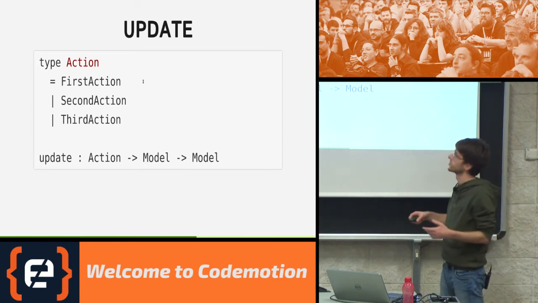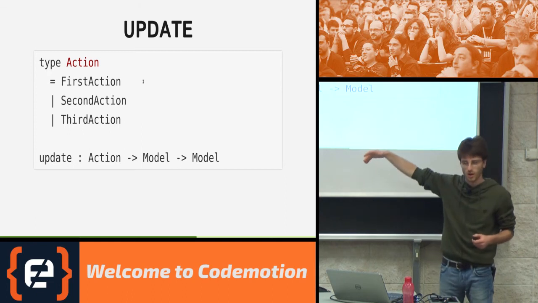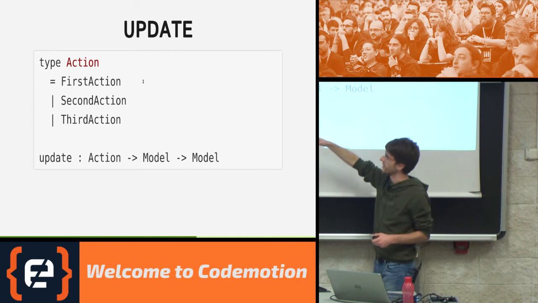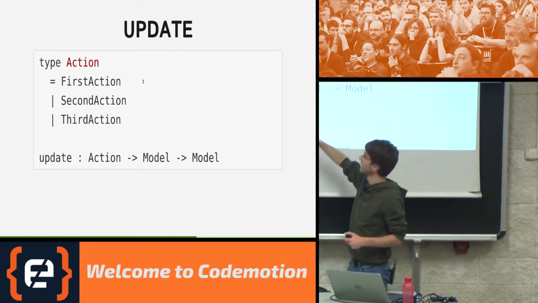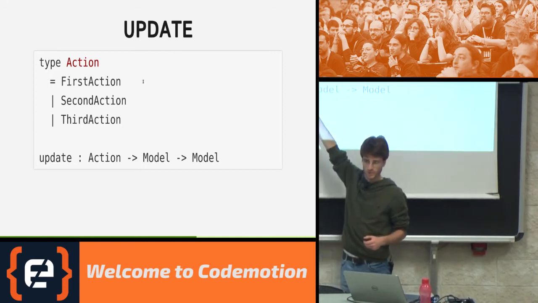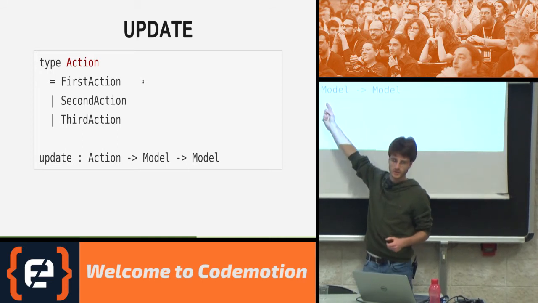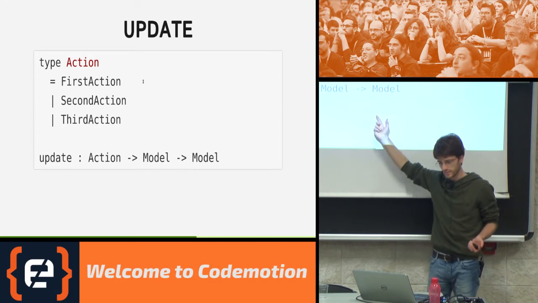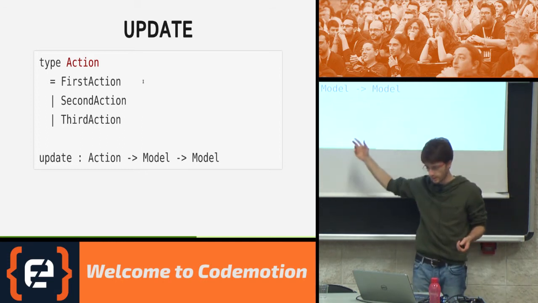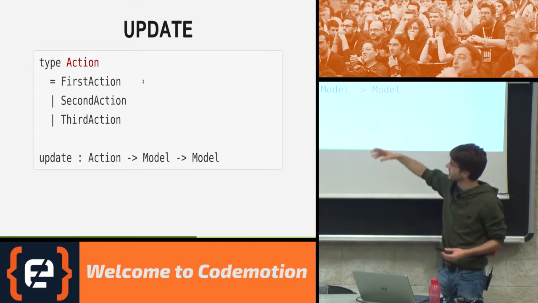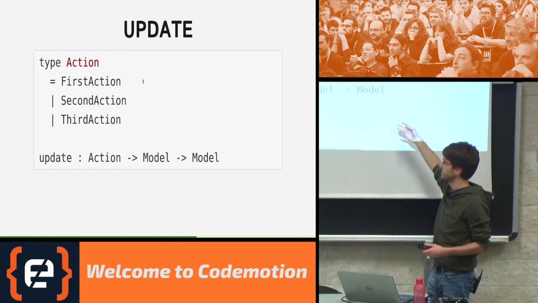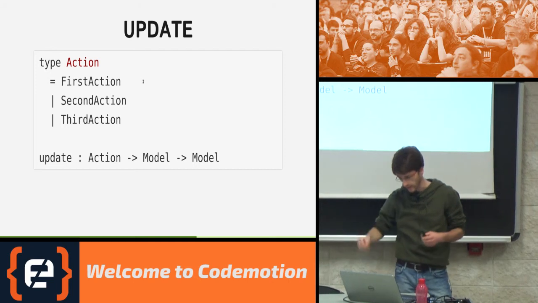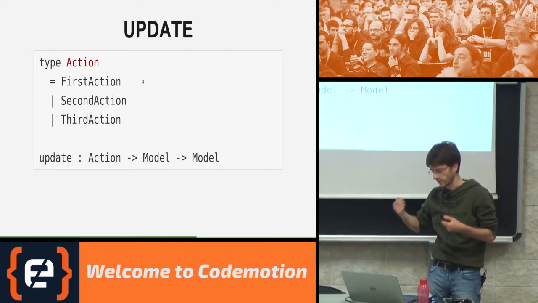We have a list of actions, and an update function that takes one of those actions and the current state of the model, and returns the new state of the model. It's really simple. We just say how we need to update the model whenever we receive one of those actions. One action is just a step in our application's life.